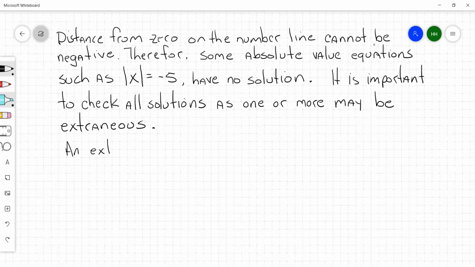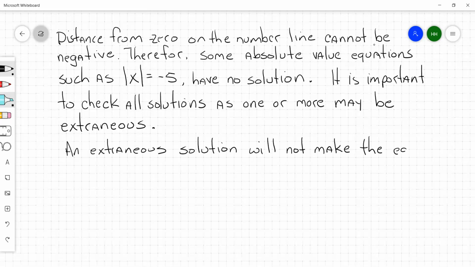An extraneous solution will not make the equation true.